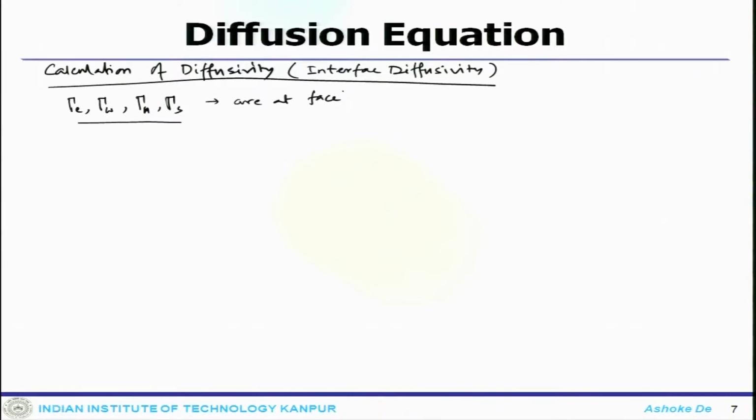Now, the thing is that we have certain information which is actually at the cell center.